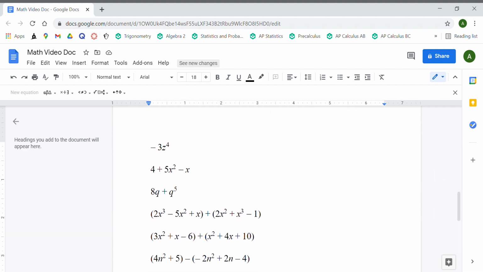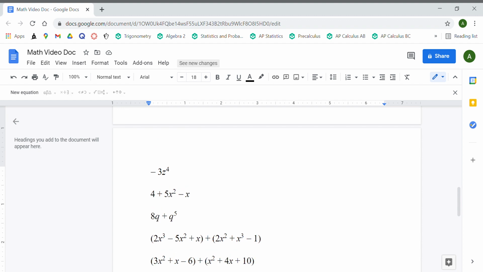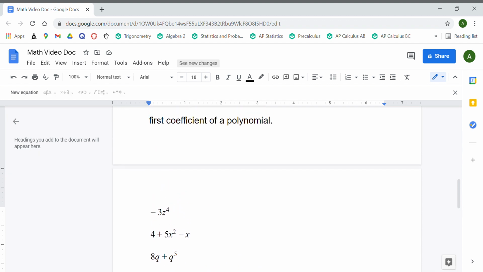Alright, so we're just going to examine these 3 polynomials here. So first one, negative 3z to the power of 4. This one's pretty basic. I would have to ask that you write all these in standard form, but this one is already written in standard form, because it is a monomial.